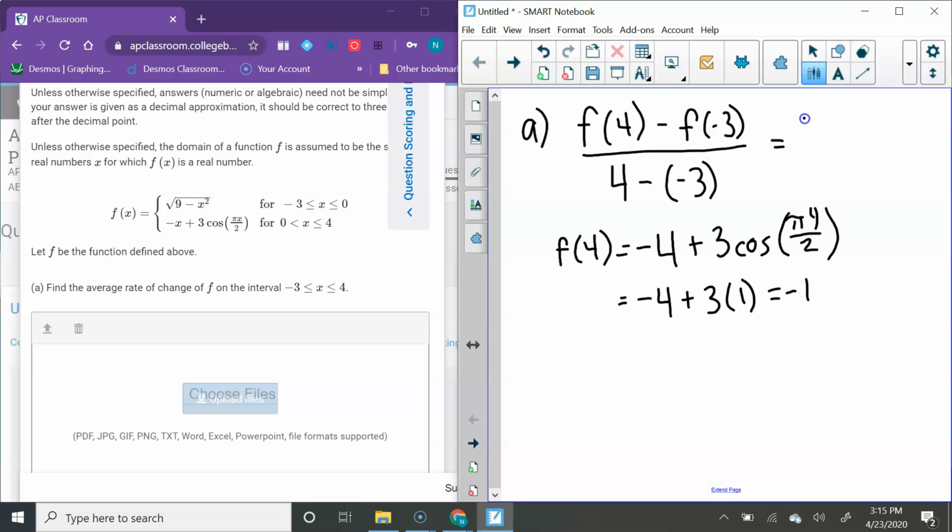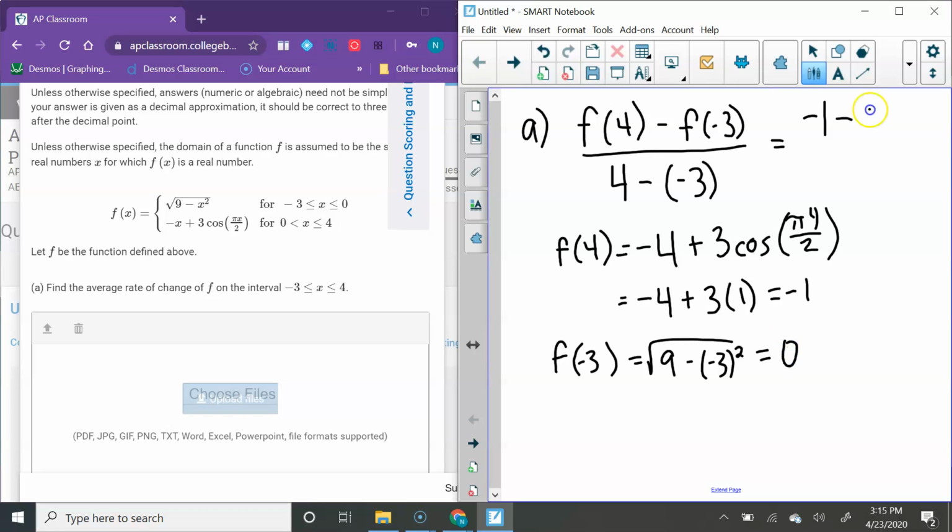So up here we'll get -1 minus. And then we also have to find f of -3. And so f of -3, I'm sorry, that should be -3, is going to be the square root of 9 minus -3 squared. And that's going to end up being 9 minus 9, which is 0. So we just get 0 for that value.